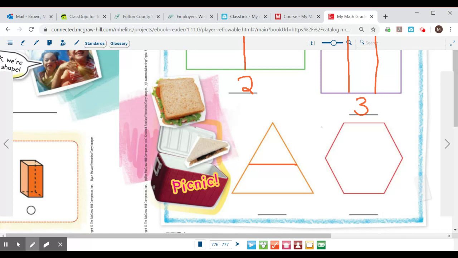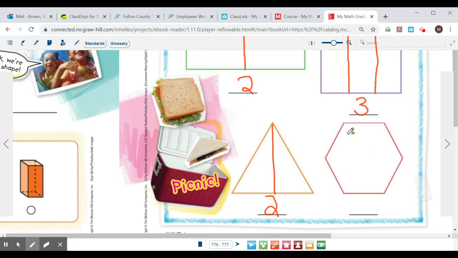No, you're right, it wouldn't, because the top of this and the bottom of this do not match. So we would have to split it differently, from the top to the bottom, to create 2 equal pieces. And now our triangle is split into halves.